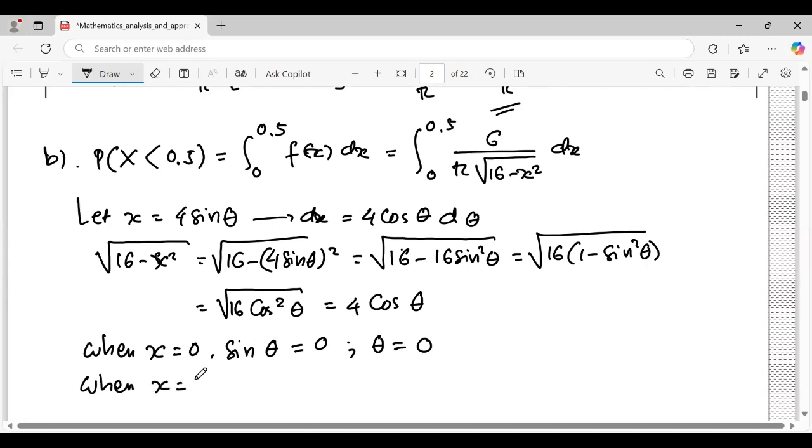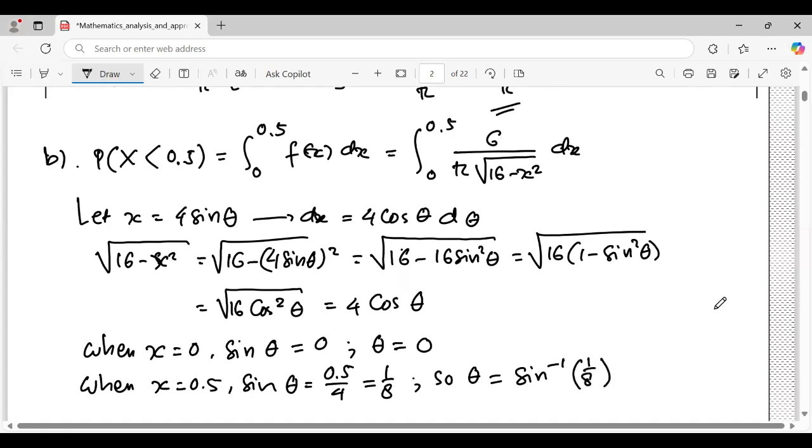When x equals 0.5, sine theta equal 0.5 over 4, it is 1/8. So theta equal arc sine, or sine power minus 1, of 1/8.